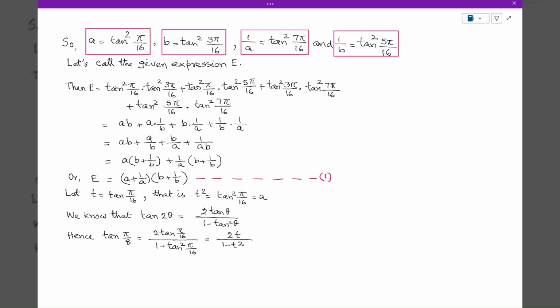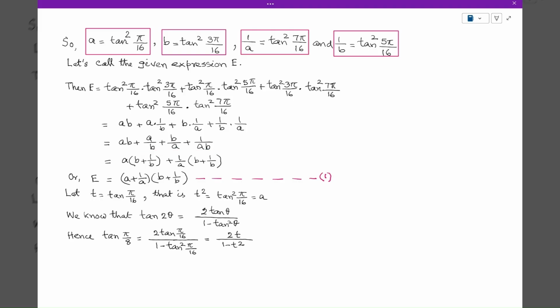which from the above table is AB plus A multiplied by 1 by B plus B multiplied by 1 by A plus 1 by B multiplied by 1 by A, that is equal to AB multiplied by A plus A by B plus B by A plus 1 by AB.